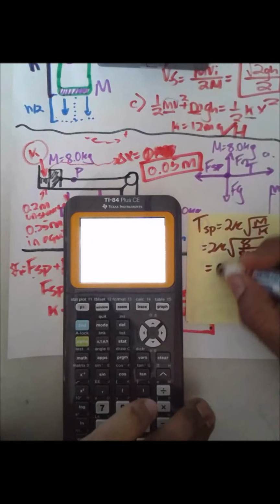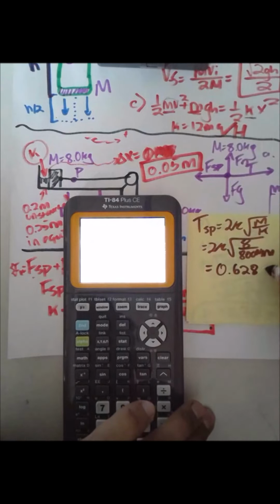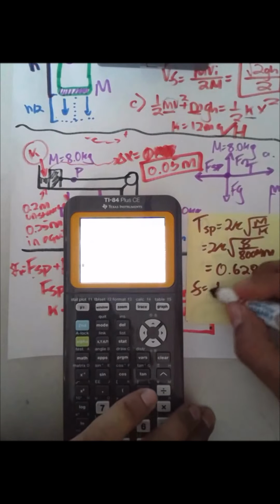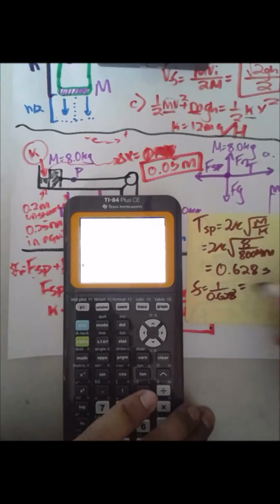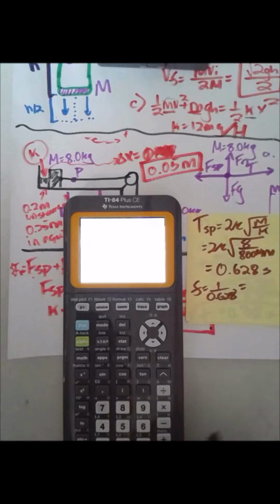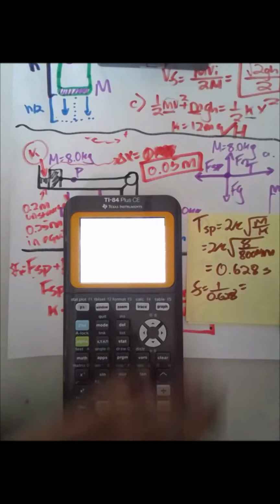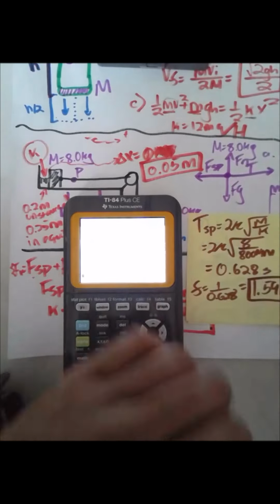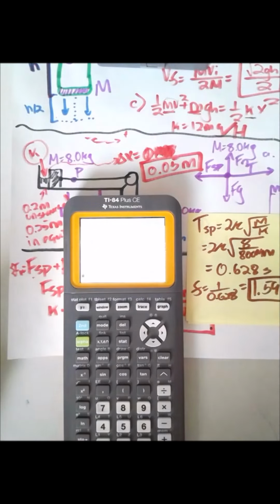Whoa! But that's not the frequency, because the frequency is 1 over that. So 1 over 0.628 is going to be equal to 1.59 hertz. The frequency will be 1.59 hertz.